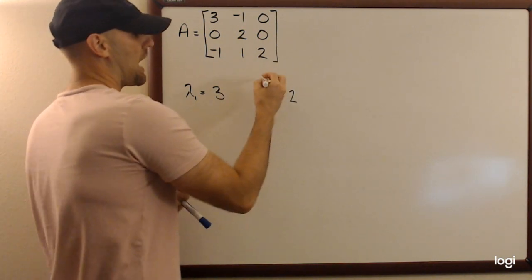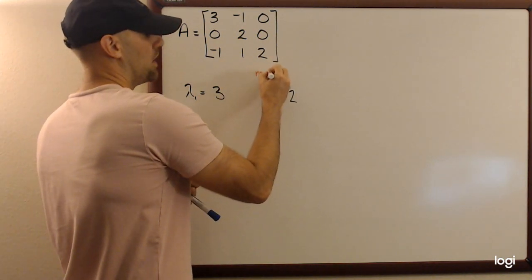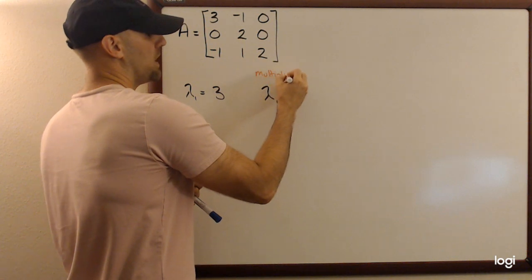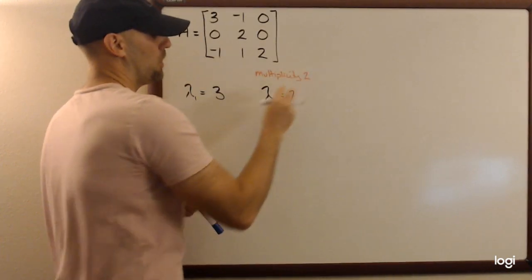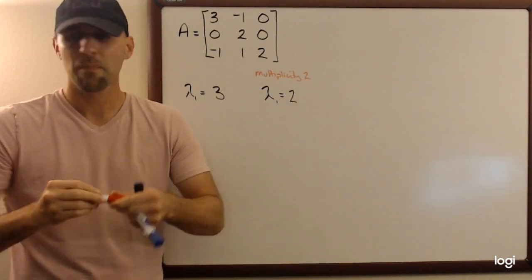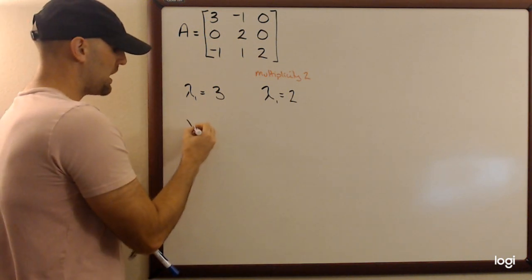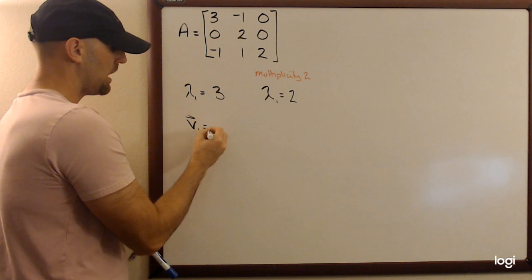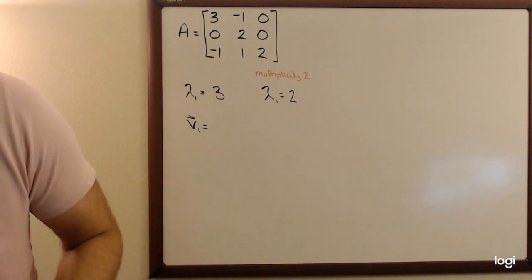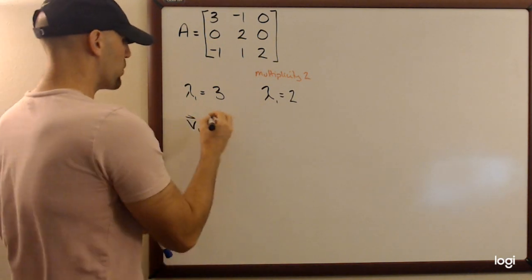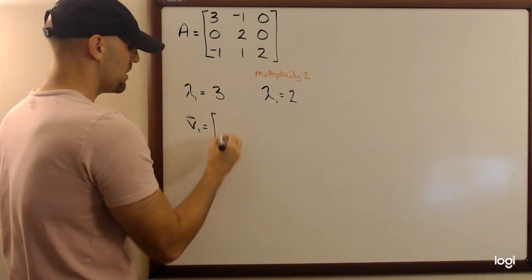So this one had multiplicity 2. I got this one 2 times. The eigenvector associated with 3, again, I'm always guaranteed to get at least 1 eigenvector, was 1, 0, -1.